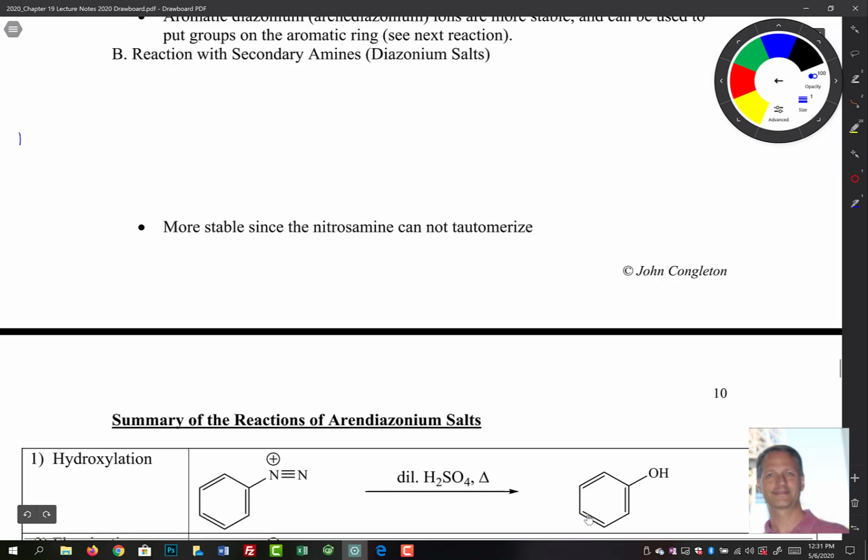So secondary amine, well, the reaction is going to be much shorter because you only have one H to lose here. So here's our secondary amine. And then to this, you add your NO plus. So we swing around and we do this. That'll give you your R group, your nitrogen. I'm going to swing that H up.